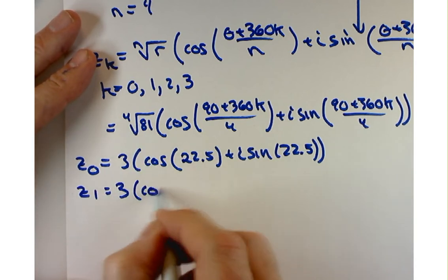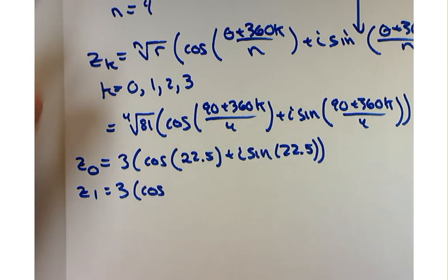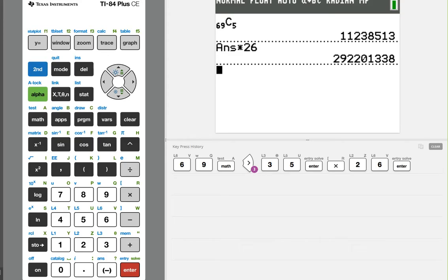This time it's going to be cosine of 90 plus 360, that's going to be 450. 450 divided by 4, so 112.5, plus i times the sine of 112.5. And so on. We've got to keep going.